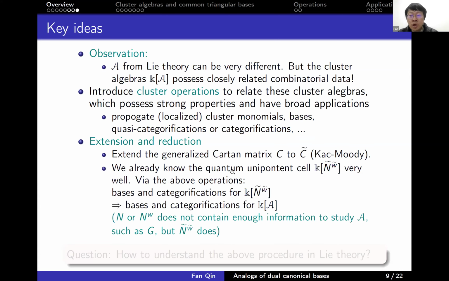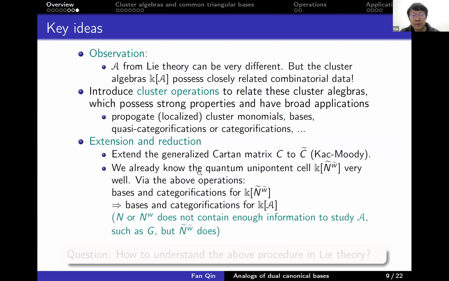And we already know the quantum unipotent cell, which is a special subalgebra of quantum groups, for this larger cominuscule case very well. And by using the above operations, we propagate the basis and the categorifications for these large quantum groups to the basis and categorifications for the original cluster algebra that we want to study. Yeah. So this is the basic idea.